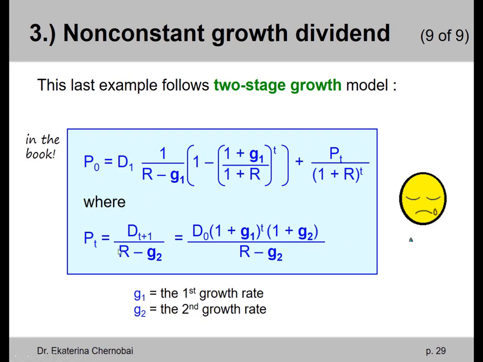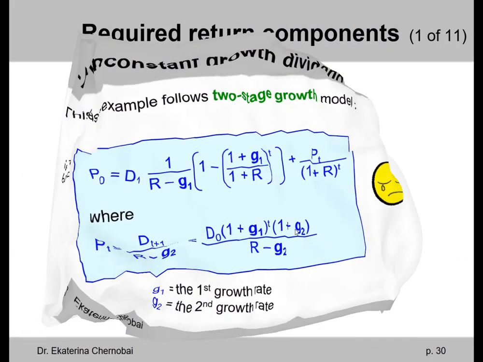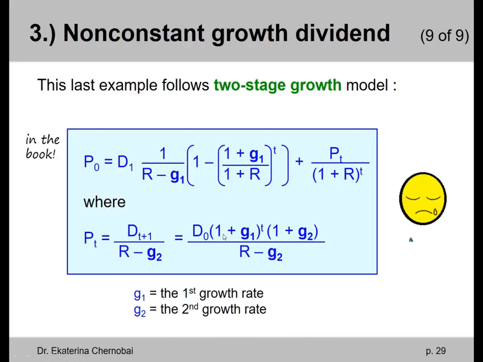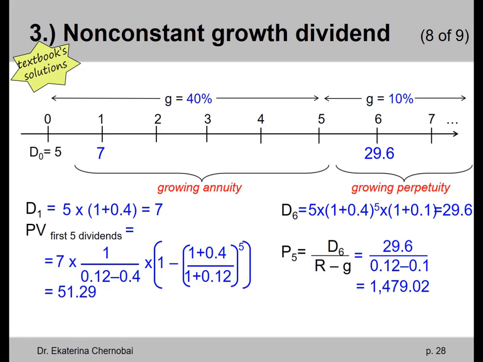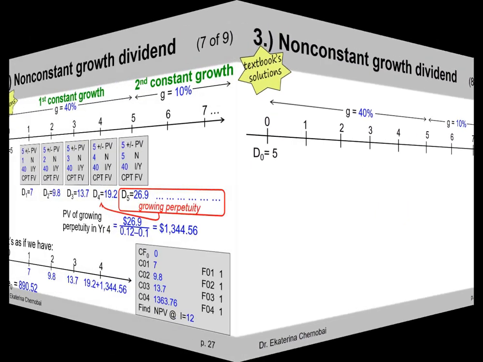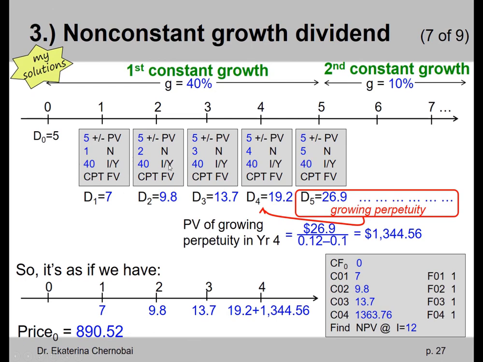And long story short, I don't know what you think, but in my personal opinion, I would use the first approach. So let me just go back, show it to you. I think it's easier to first compute one by one the first dividends that belong to the first growth rate time period.